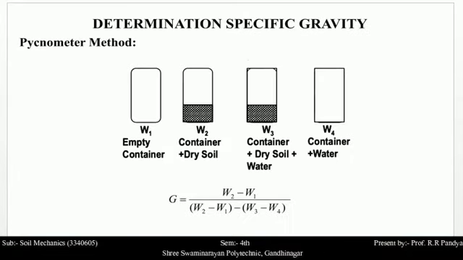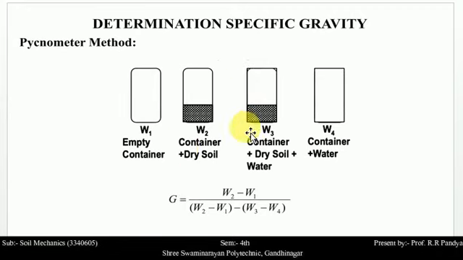So, how can we determine the specific gravity using a pycnometer bottle? First, we take an empty container and name it W1. Exactly as you can see in this figure. After that, weigh that container, W1.